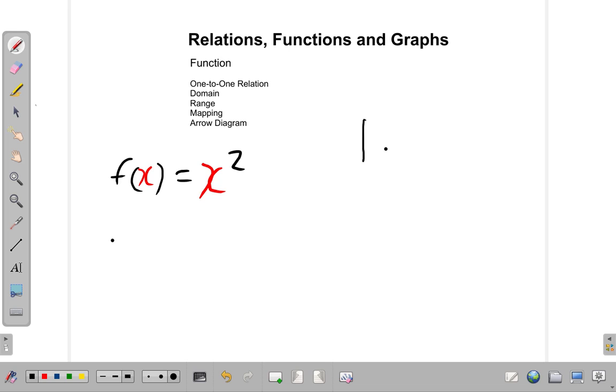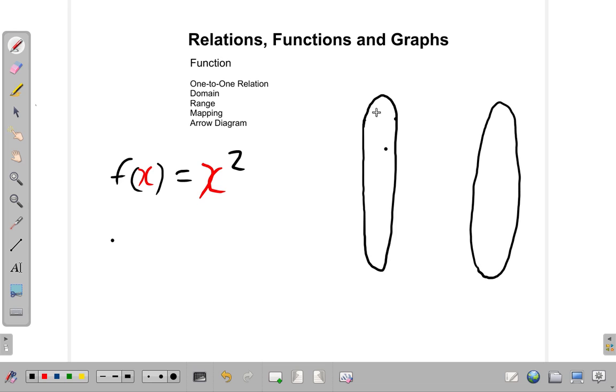We can have some values of x, let's say 1, 2, 3, negative 3, negative 2, negative 1. These are values of x. And these will be values of x squared, which is f of x.